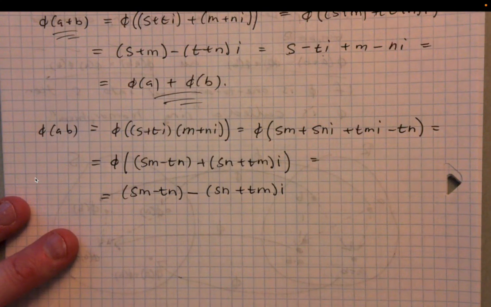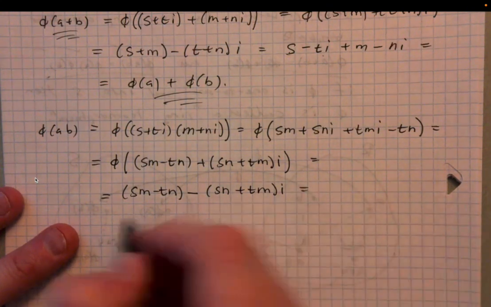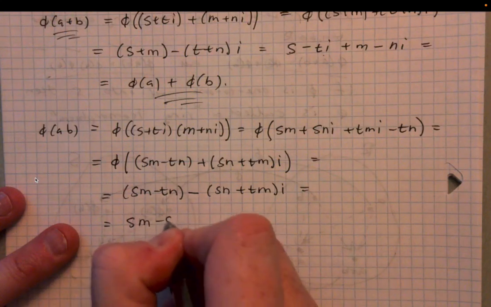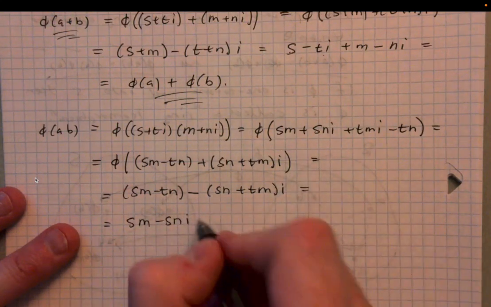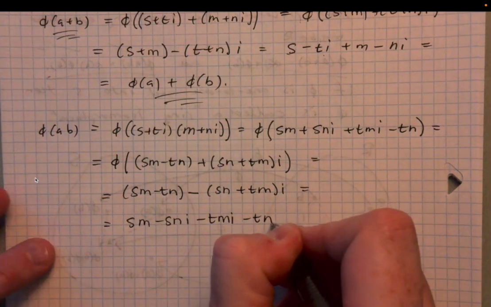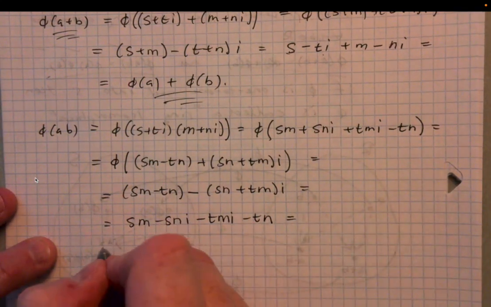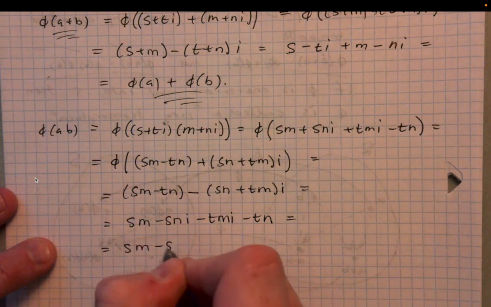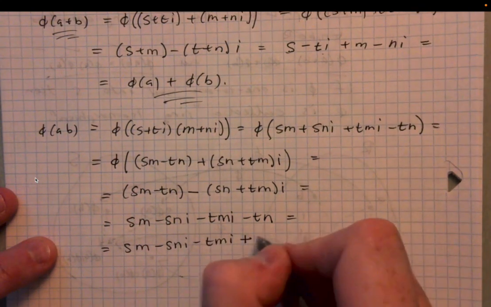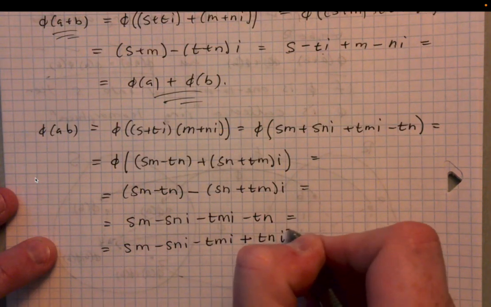Okay. And now we just need to do a little more rearranging, right? And so this is SM minus SNi minus TMi minus TN. Okay, and now here's the little algebraic trick: SM minus SNi minus TMi plus TN times i squared, right?